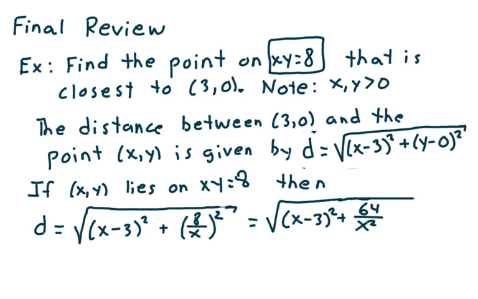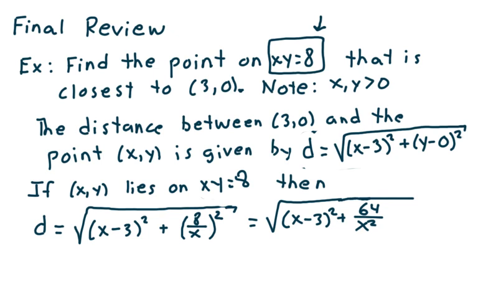Okay, so a couple of comments here. xy equals 8 tells me how x and y are related. So this is my constraint here. And remember, we're trying to make the distance from the point (x, y) to (3, 0) be a minimum.